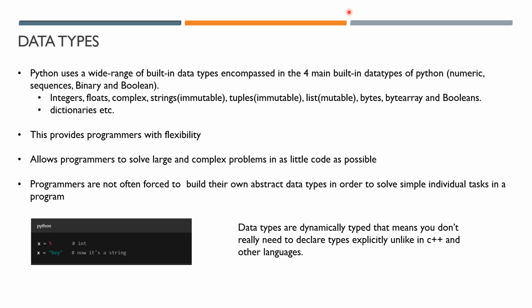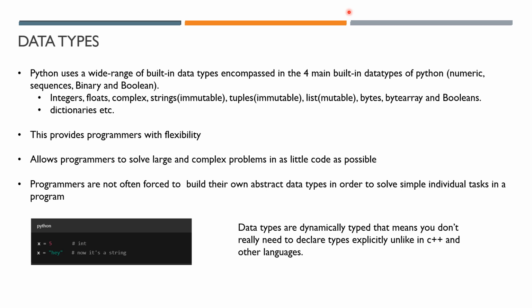These ones are represented in parentheses. And all of this, like tuples and strings, are basically immutable, which means that they cannot be changed. And then for binary, we have bytes and byte arrays, and for Boolean, we have basically the true and false statements.